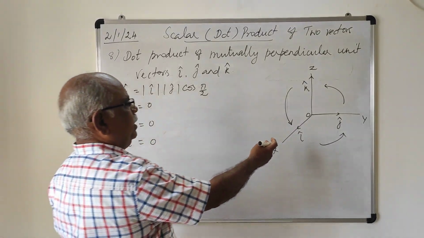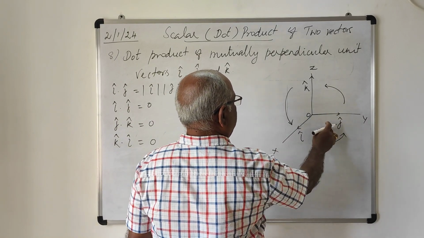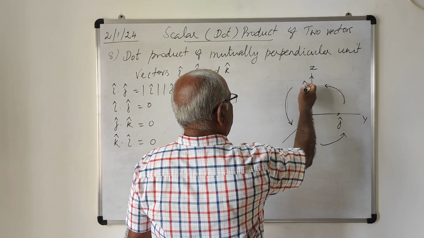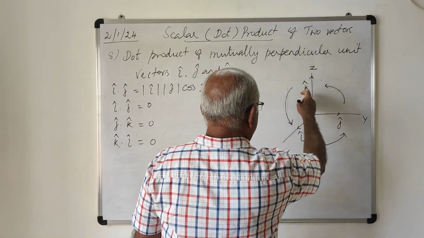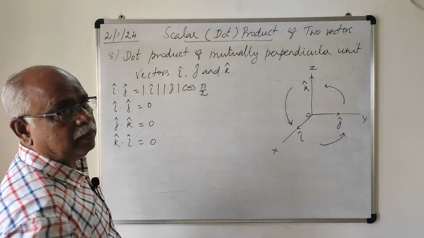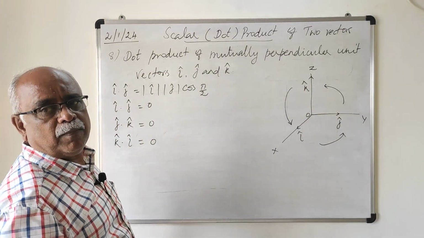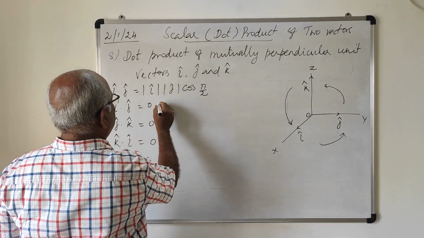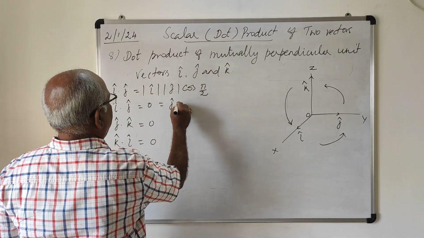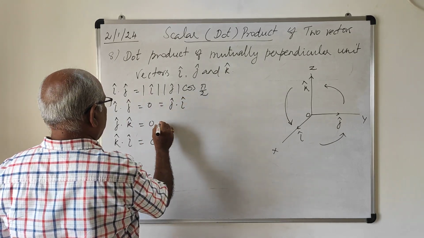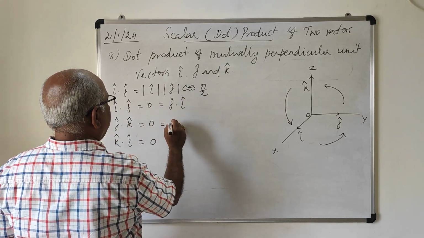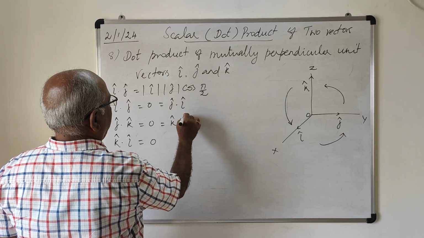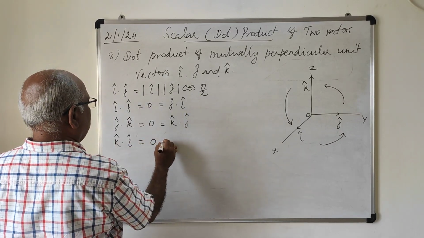I dot J is 0, J dot K is 0, K dot I is also 0 because K and I are perpendicular. And by the previous property, dot product is commutative, therefore I dot J implies J dot I is also 0. J dot K, K dot J is also 0.